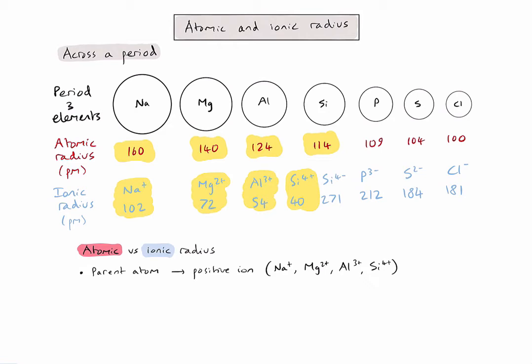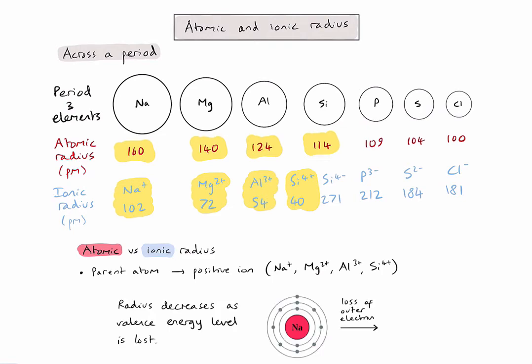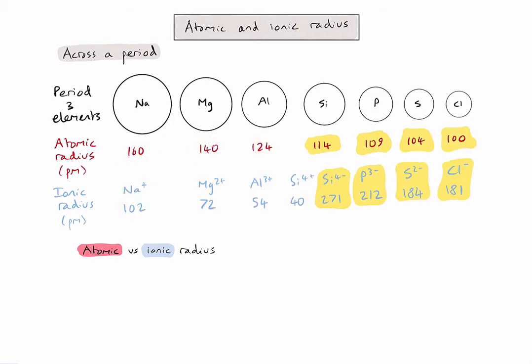And as we discussed with the group 1 metals, this is because in each case the atoms are losing their valence electrons, therefore losing a valence energy level. For example, when a sodium atom loses its electron, the sodium ion is left with only 2 occupied energy levels, instead of the 3 that it started with. Therefore the radius decreases.